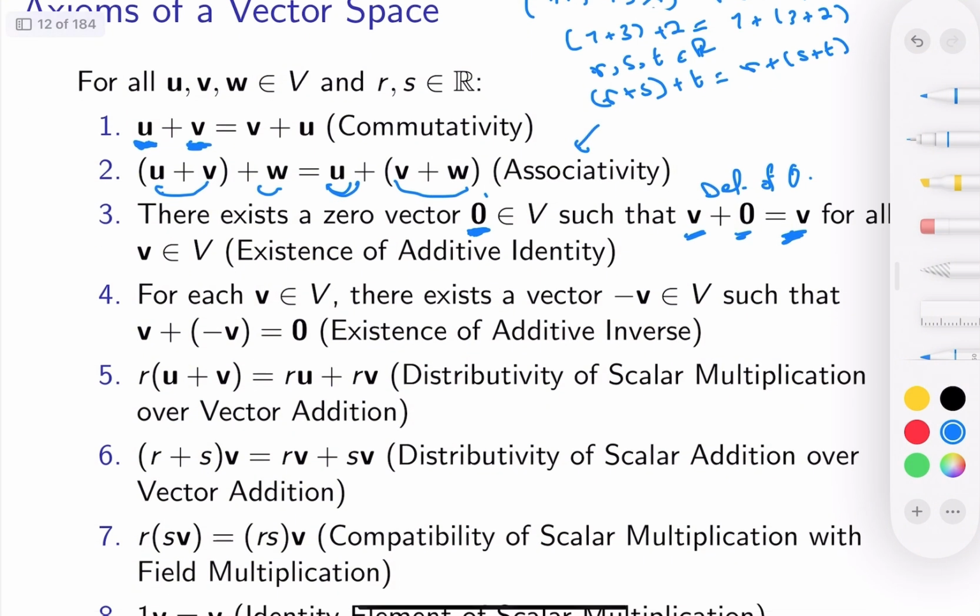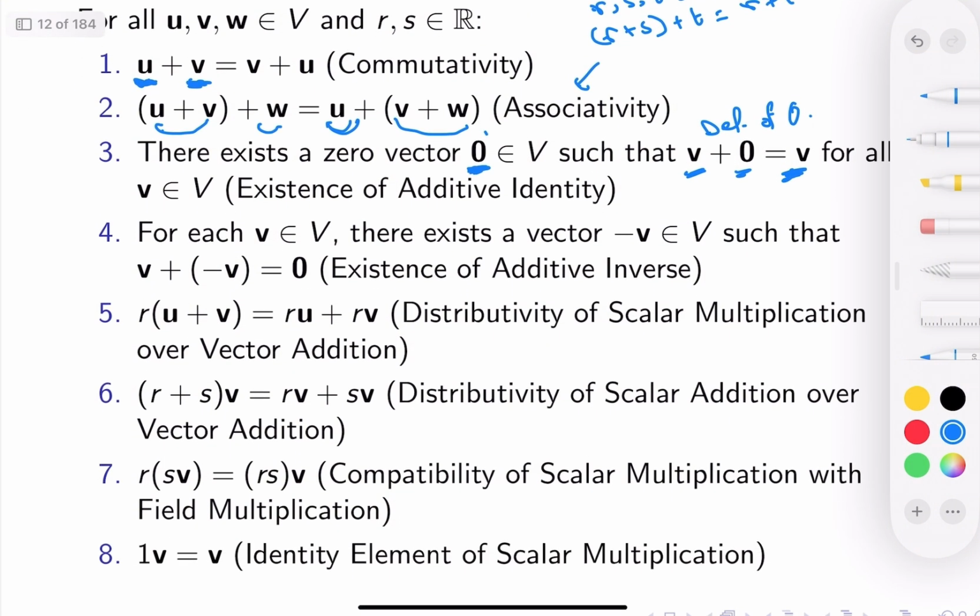The next property of a vector space is that if you take any vector, you should have an inverse. If you take any vector v in this space, you should have another vector, which we denote by negative v, such that when you add these two, you get a zero. I remind you, we haven't defined what subtraction means. This is just a notation.